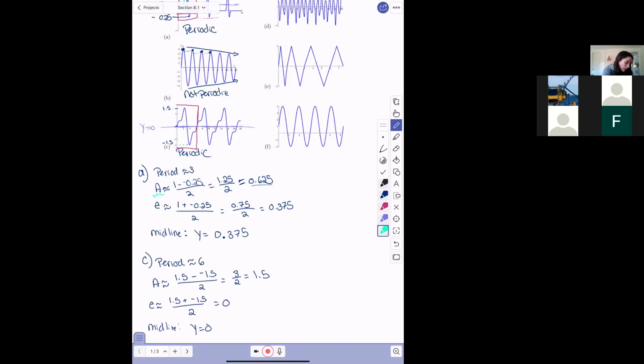So it makes sense that our amplitude is 1.5, right? Because in both directions, we're going from the midline, which is at y equals 0, to 1.5 in order to get to our highest and lowest peaks. Any question there? Okay.